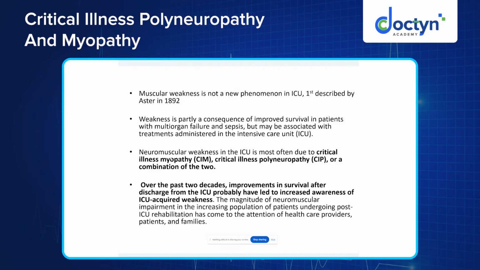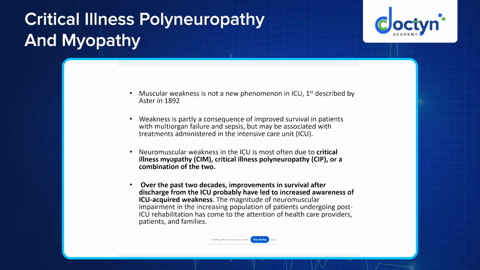Until date, in many hospitals this ICU-acquired weakness diagnosis is sometimes missed. But with improvements in new technologies and methods, and decreased patient mortality, there are improved chances of survival after discharge. So this has raised the awareness for ICU-acquired weakness.